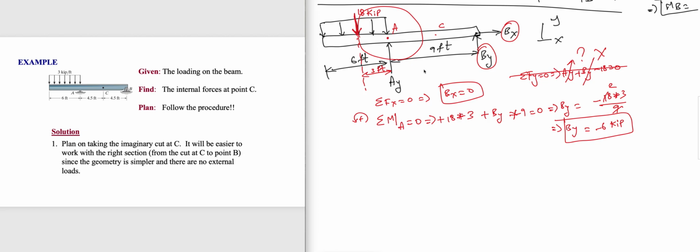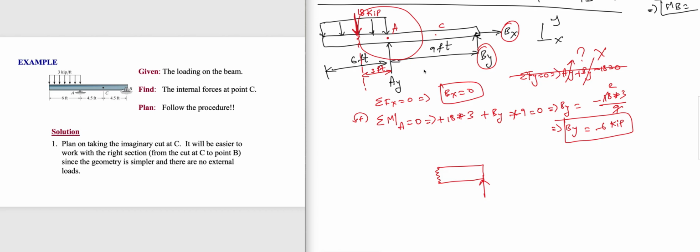Now what we will do is we will make a cut and we will consider the CB section. So because we will consider CB, what I'll draw is I'm making a cut at C. I'm taking CB. Bx is anyway 0, so I'll not even draw Bx. So By, what is By?